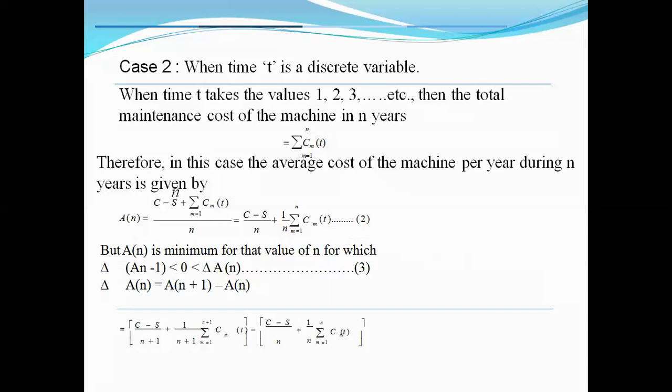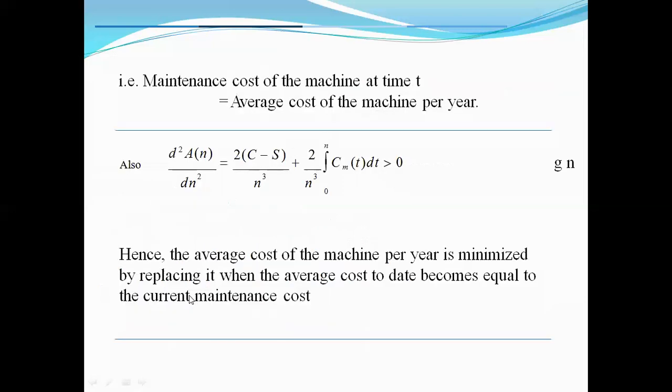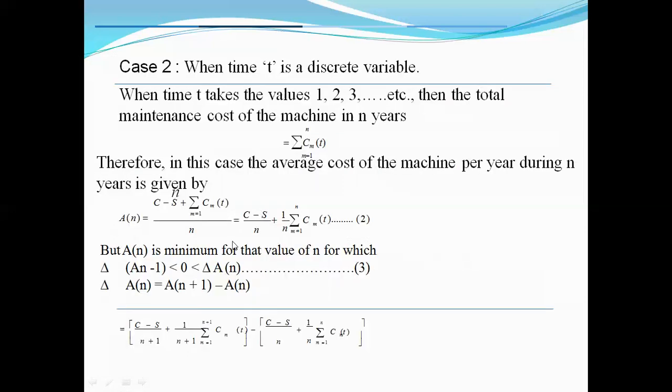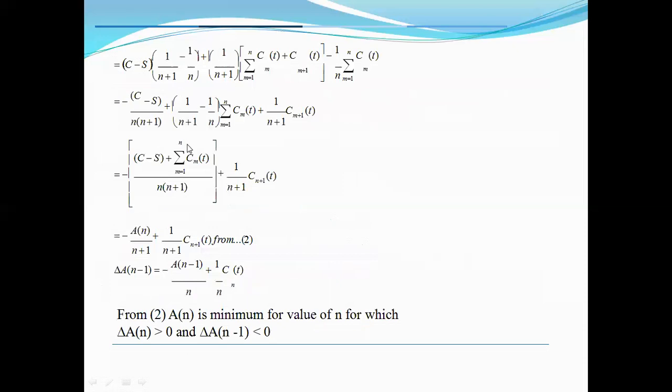So A of n plus 1 minus A of n, that is C minus S. We also have the A of n plus 1 formula and the A of n formula. Upon subtracting both equations and substituting in this delta A of n, we will have the following relations.